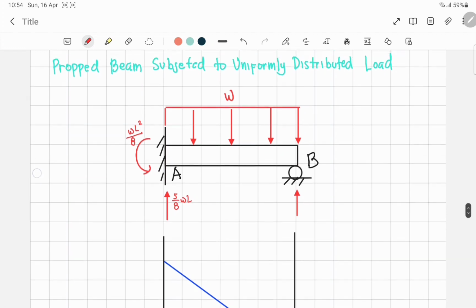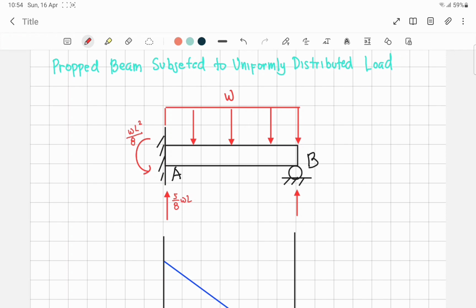This is usually used in design subjects since we are dealing with common loadings for our structure. But since we are discussing structural theory, it is still better to follow our method of solving, the most typical method we use, which is the long method.